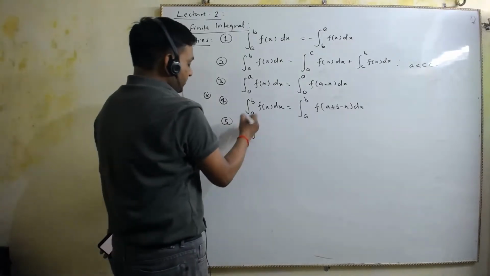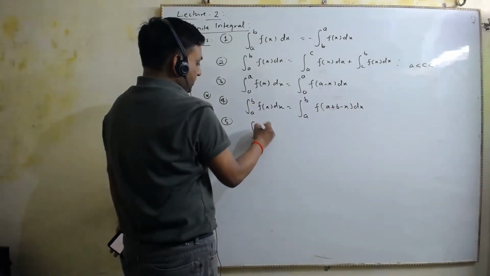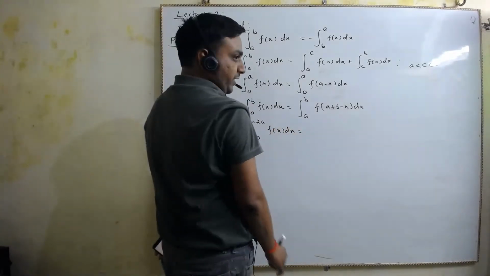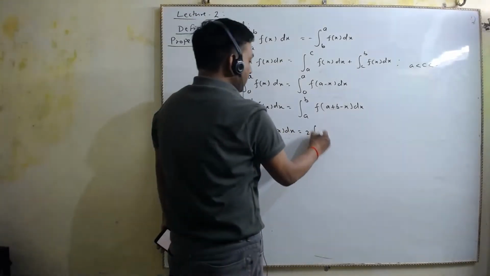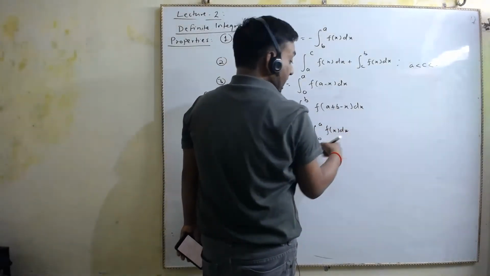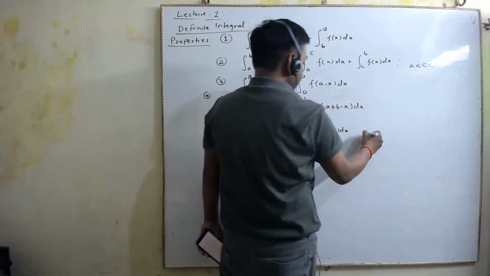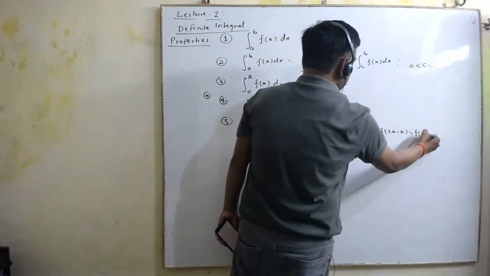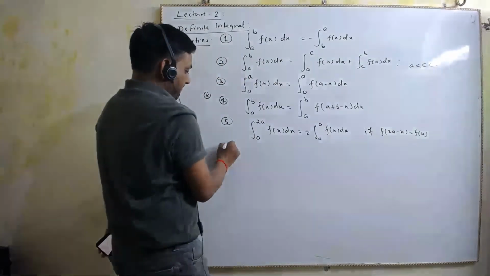The fifth property is integral from 0 to 2a of f of x dx. This will give you 2 times integral from 0 to a of f of x dx if f of 2a minus x equals f of x.